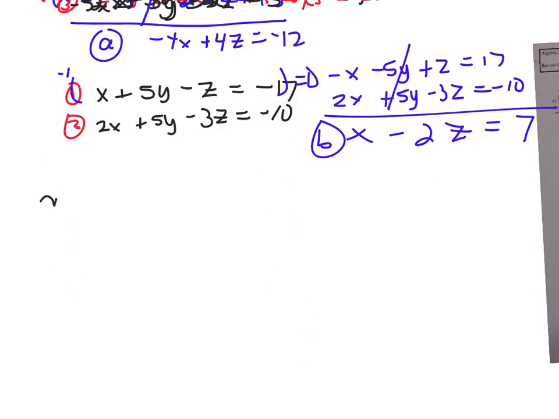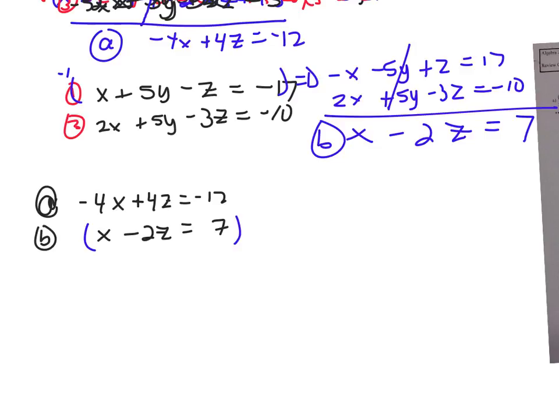Now I'm going to rewrite a and b together. A is negative 4x plus 4z equals negative 12. And b is x minus 2z is equal to 7. I'm going to multiply the bottom equation by positive 4. This way I'll eliminate my x values.